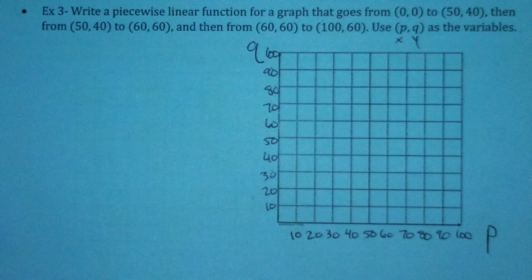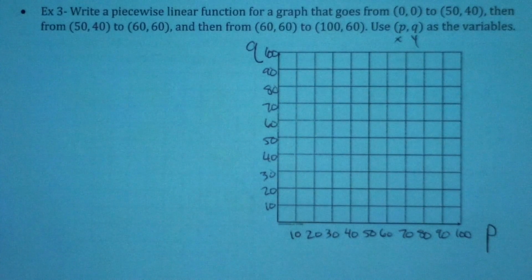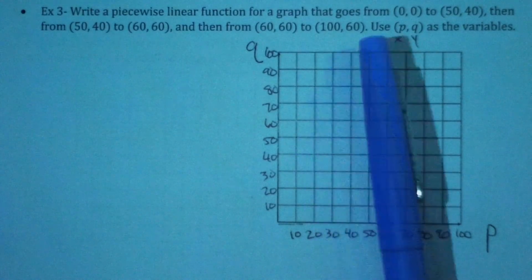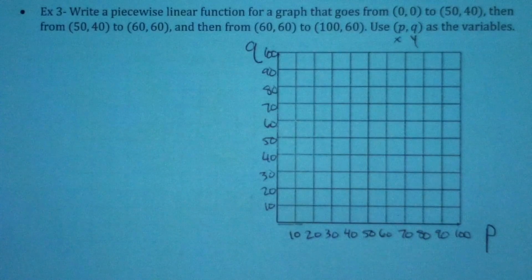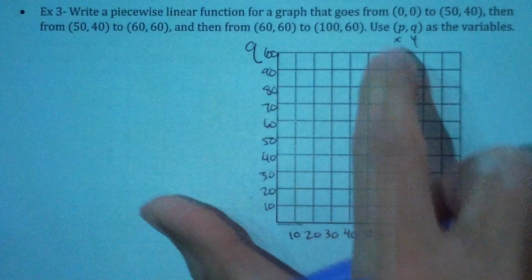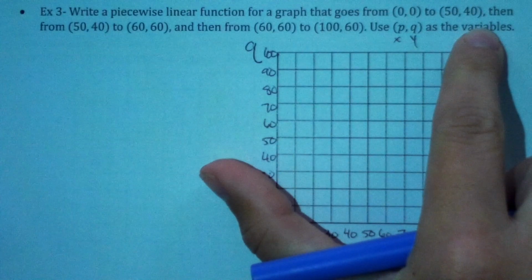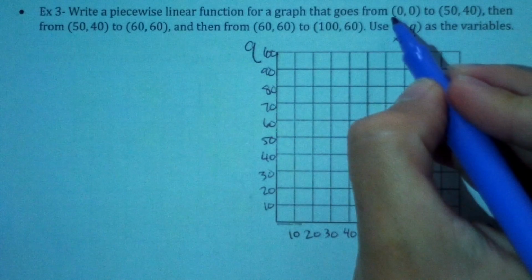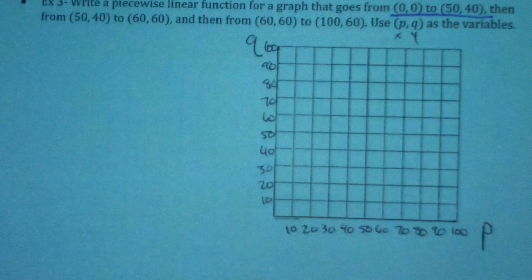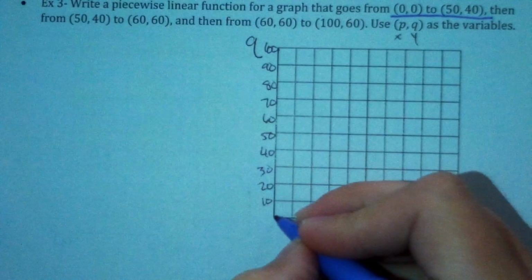So there are two ordered pairs. And again, I'm using whatever my first color was. 0, 0, and 50, 40. Okay, so equation of a line here, the first thing we need is slope. If we're finding slope, we've got x and y. What's going to go on the top?